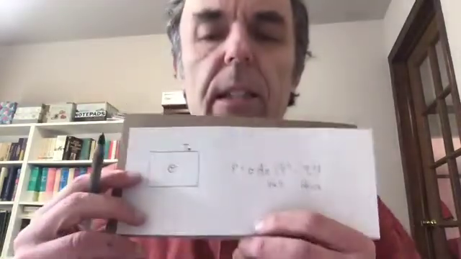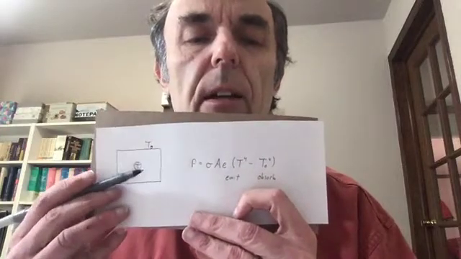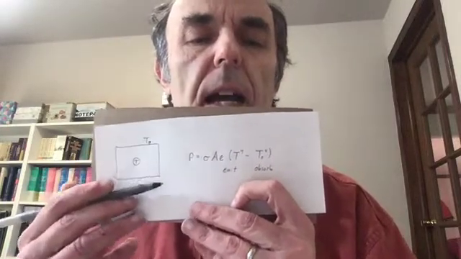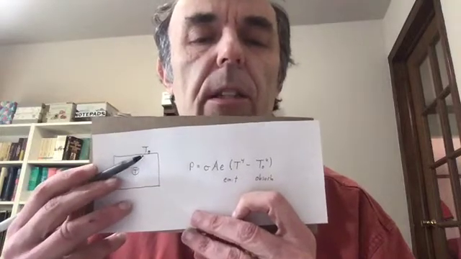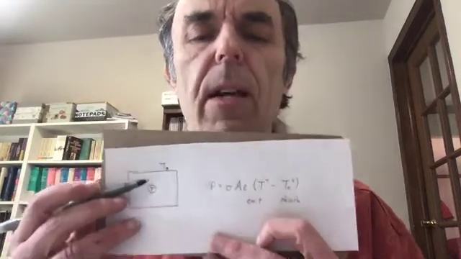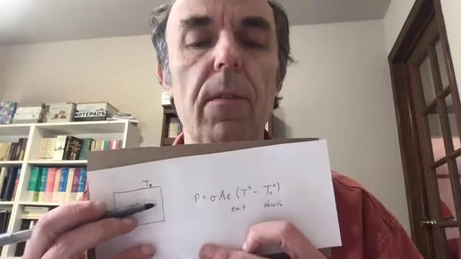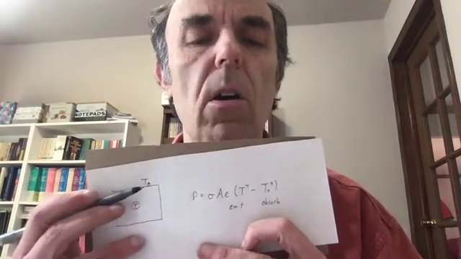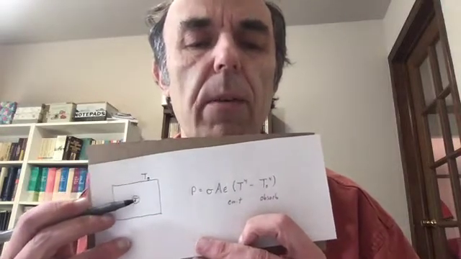Before we do the examples, let me just point out that if you have an object that's at temperature T and it's surrounded or inside a room or a container that's at temperature T0, then you're going to have two effects happening. The object at temperature T is going to emit radiation, but you're also going to have the walls of this container emitting radiation, and it's going to be absorbed by this object.